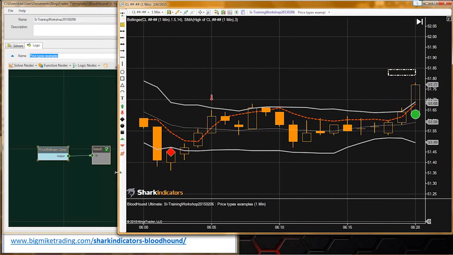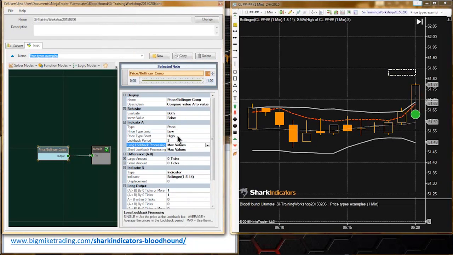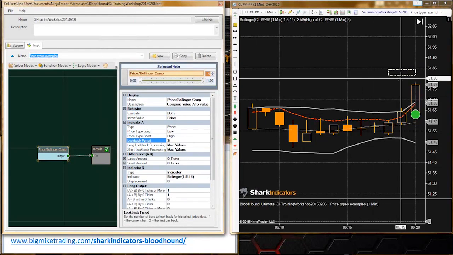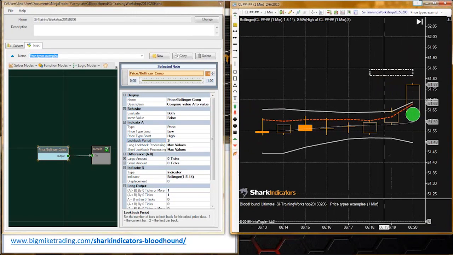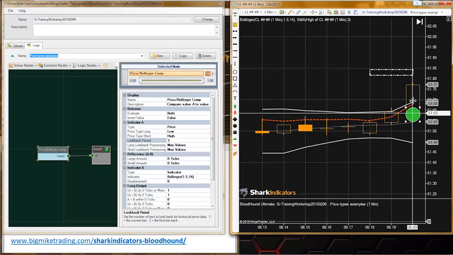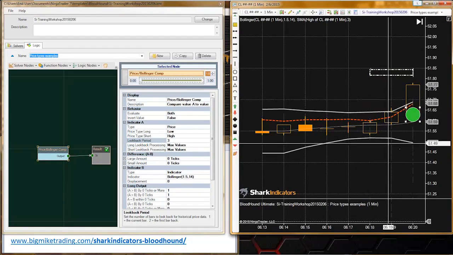So we're looking for the maximum value of the low prices with our look back of 3. Here, I'll stretch this out a little bit more. So this is the maximum low price within our 3 look back period here.